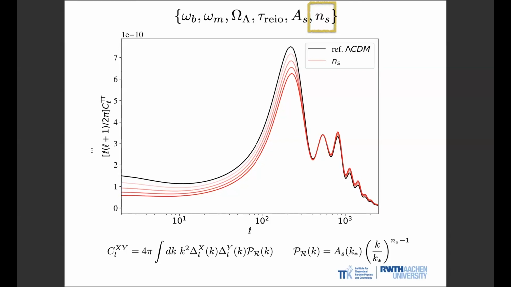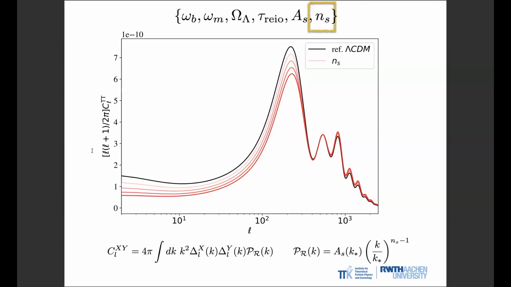Of course, once you have fixed the pivot scale, you see that if you change NS with a fixed AS, you then don't change the primordial spectrum at the pivot scale. Now, here there is a choice of pivot scale such that it projects to an L of about 600 or 700, and that's why there is no change here, but it's completely arbitrary.